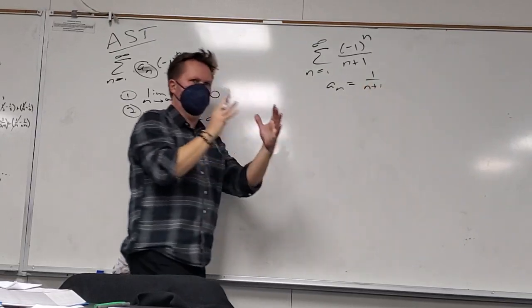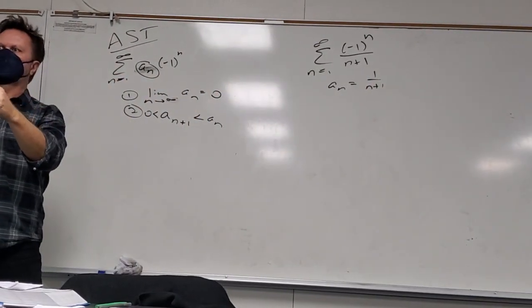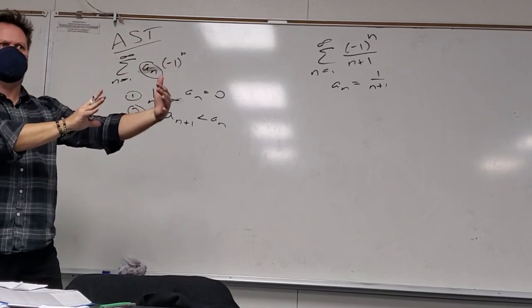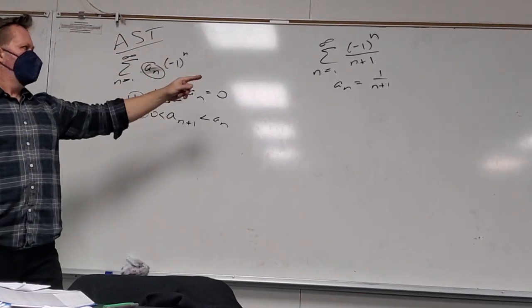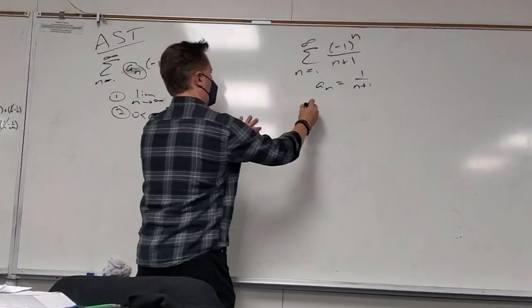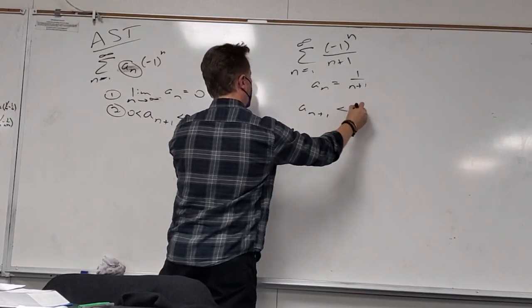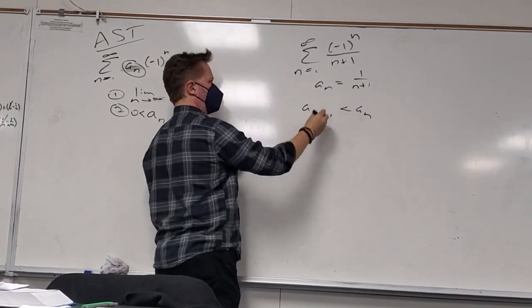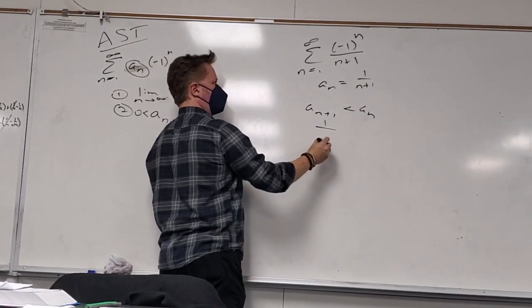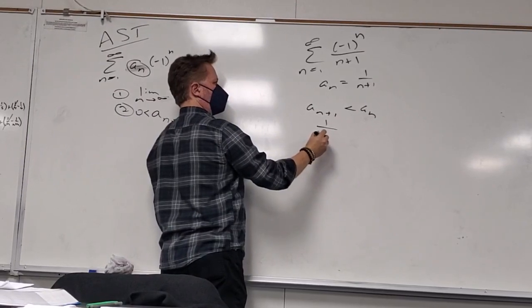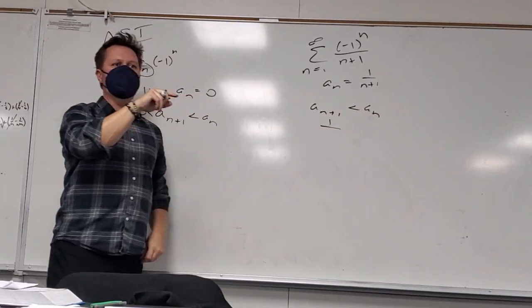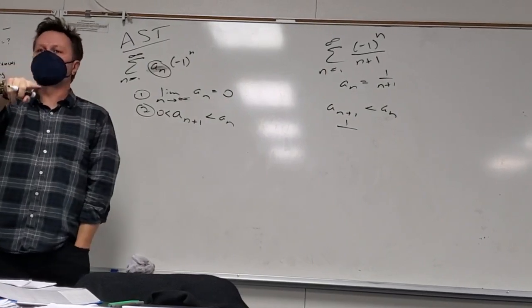So there's the heart of the elements. And the alternating part you just put aside for a second. So I want to show that a_(n+1) is less than a_n. Well, what is a_(n+1)? If a_n is 1 over n plus 1, what's a_(n+1)?